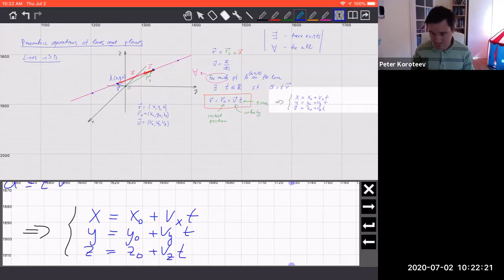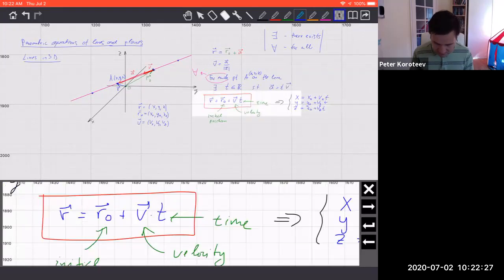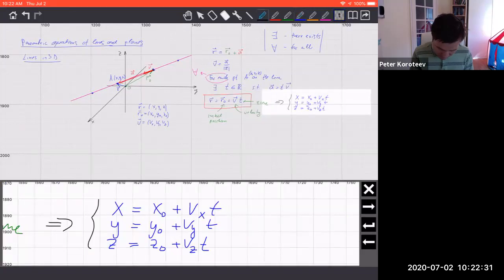So these are the three. One vector equation is worth three scalar equations, right? Therefore, the line in 3 dimensions is given by 3 equations like that. We'll talk about another presentation in a second.